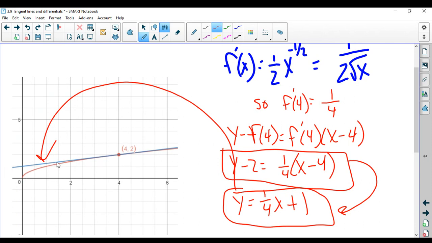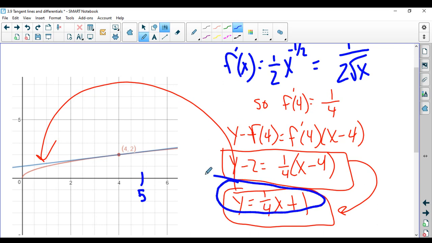See this red graph? That's the graph of the square root. And this blue graph is the graph of the tangent. And we're going to approximate what the square root of 5 is. So we're looking right here at 5. But we're not going to plug it into the square root because I don't know what the square root of 5 is. I'm going to plug it into the tangent line.